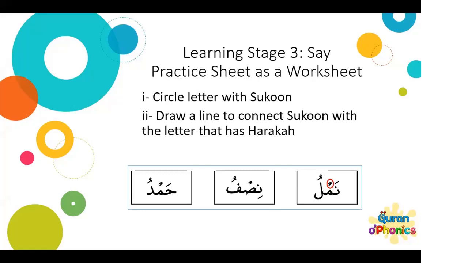And then we say draw a line to connect sukoon with the letter that has haraka, because in the video we taught them this, that sukoon can only join its sound with a letter before it that has a haraka. So they join it, they make a line so that they're doing it physically, and then it's easier for them to read. So these are some of the activities you can do with this stage.